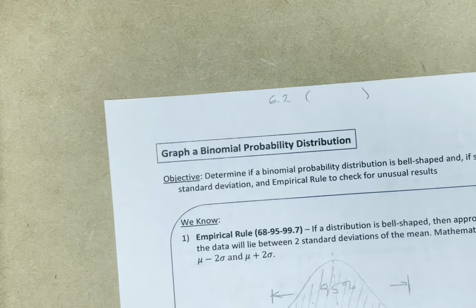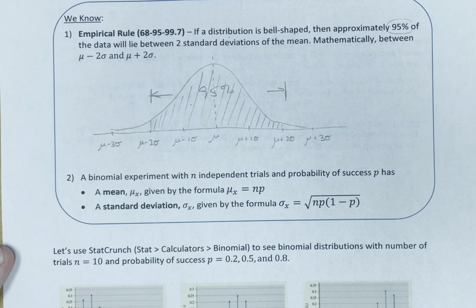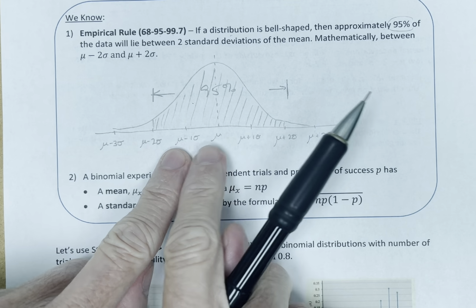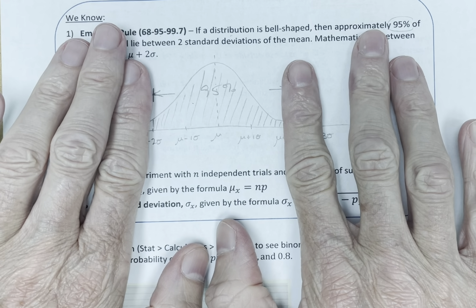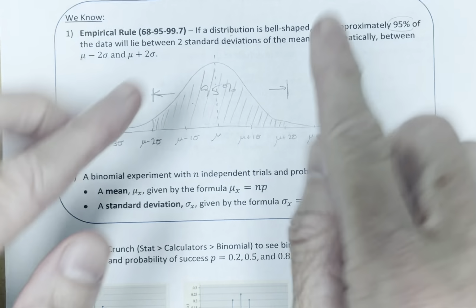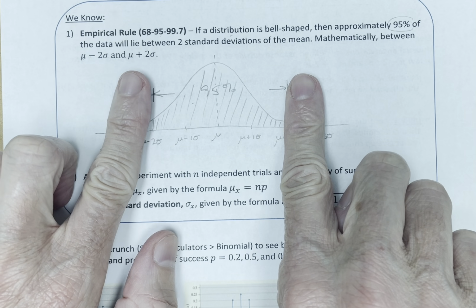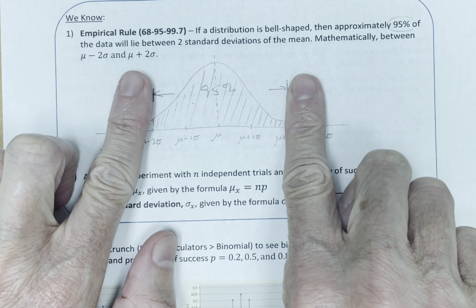Let's go back to our sketch. Here's our bell-shaped distribution. Here's our mean. If the observation is within 2 standard deviations above or below the mean, if it's this close to the mean, that's a usual observation.